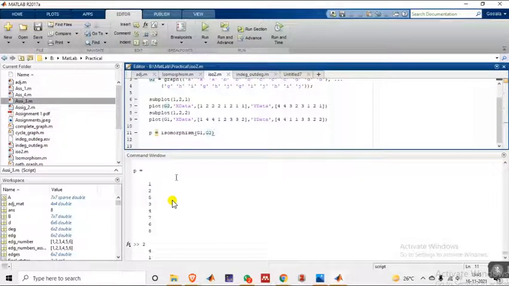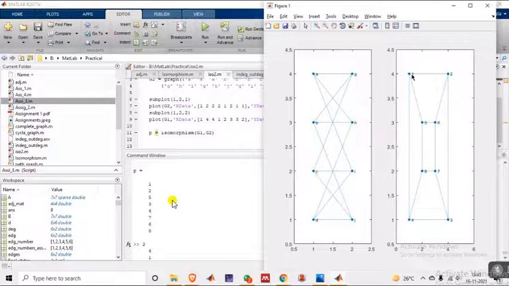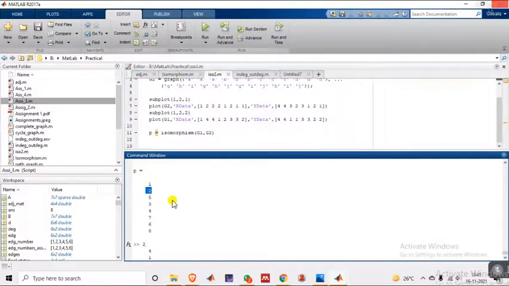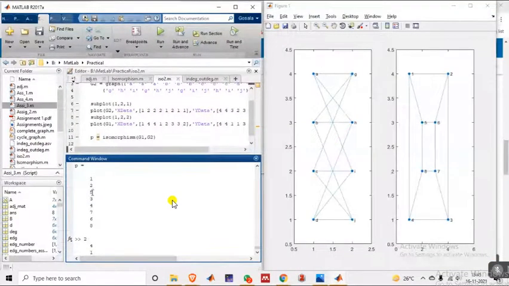So it is saying that in graph 1, 1 is isomorphic to A, similarly B is isomorphic to 2, and C is isomorphic. Isomorphic means it has equal things.